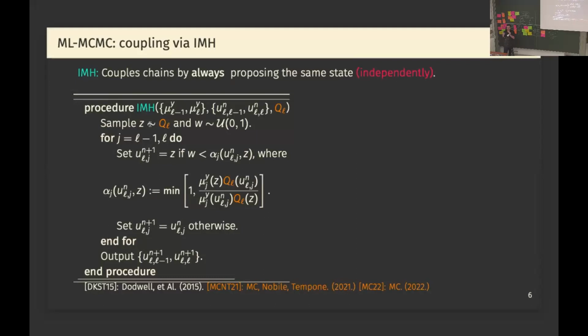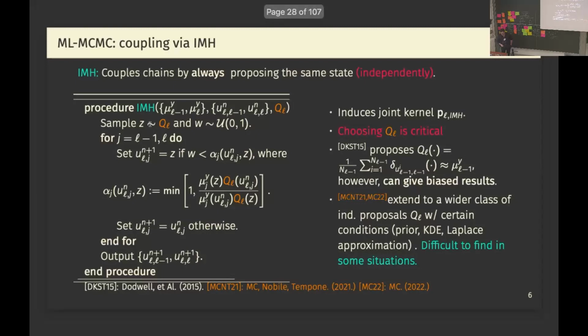Then for each of the two levels that you want to couple, you set the next state of either chain with the usual Metropolis Hastings accept-reject probability alpha_j, comparing with respect to the same number W. Now, just to introduce some notation, this induces a joint kernel P_L^IMH.